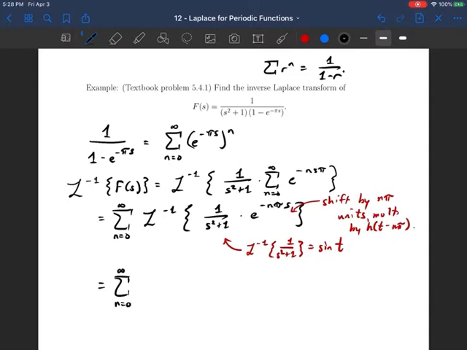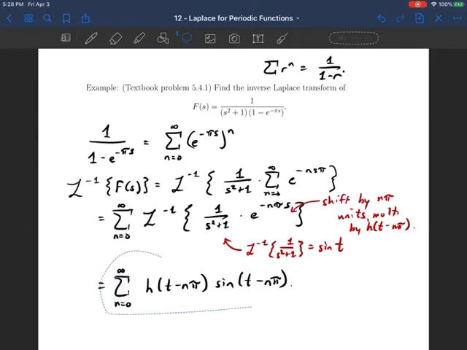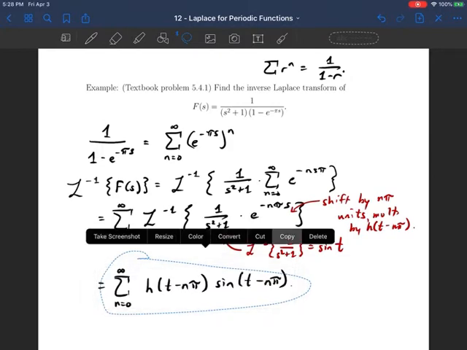So if we put that all together, what we get here is the sum from n equals 0 to infinity of h of t minus n pi times sine of t minus n pi. That's our function. Whatever that thing ends up being, that is the function whose Laplace transform is the one that we started with.